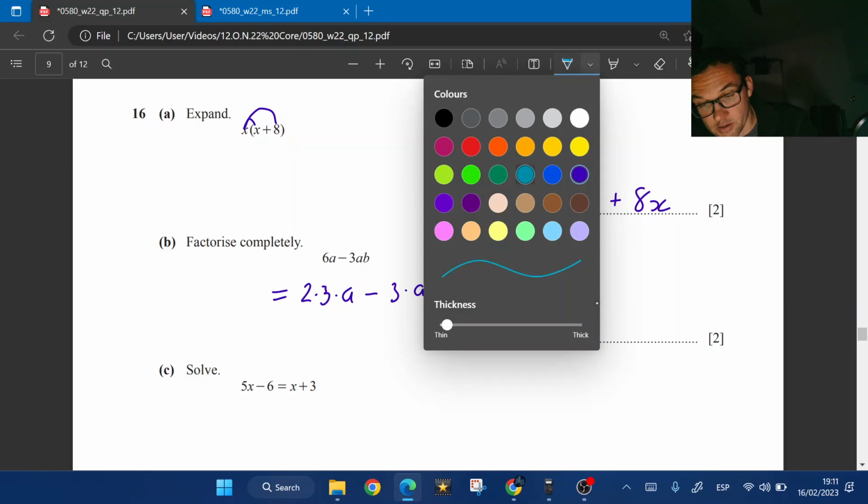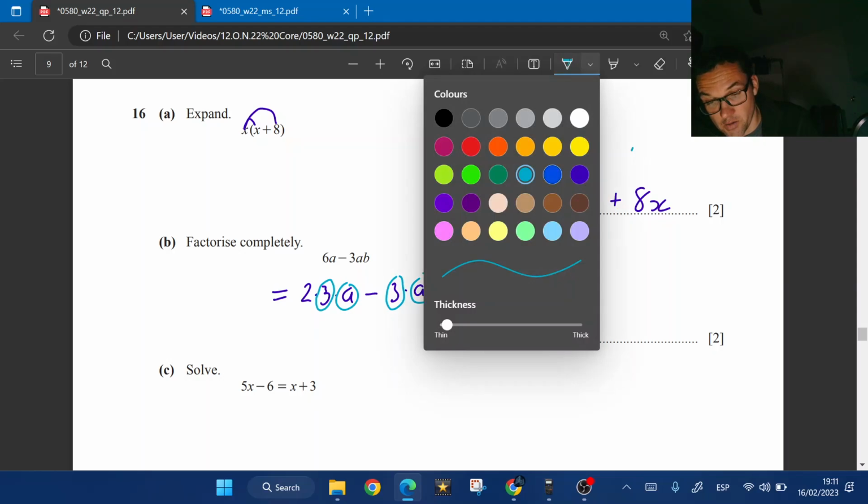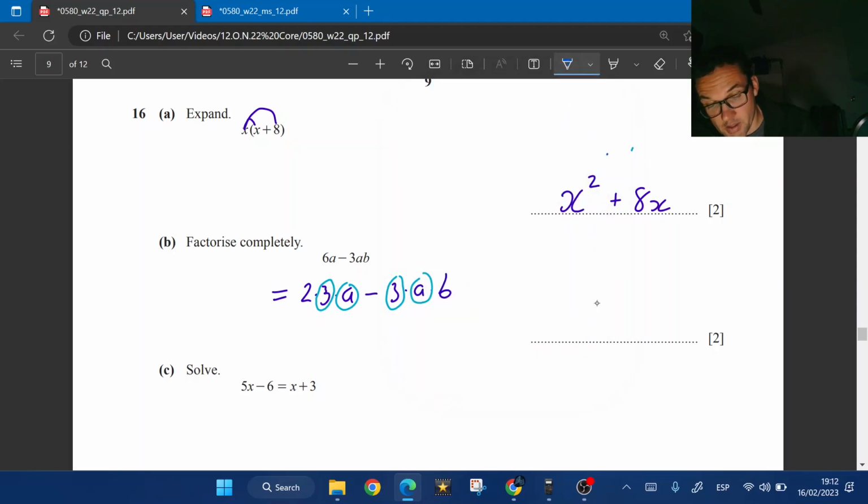So what we would like to do here is connect the common terms. Both terms have a 3 in them, and both terms have an a in them. So that's the common factor of both. That 3a we can write in front of a bracket, and then we take what's left. There's a 2 minus and a b, 2 minus b.